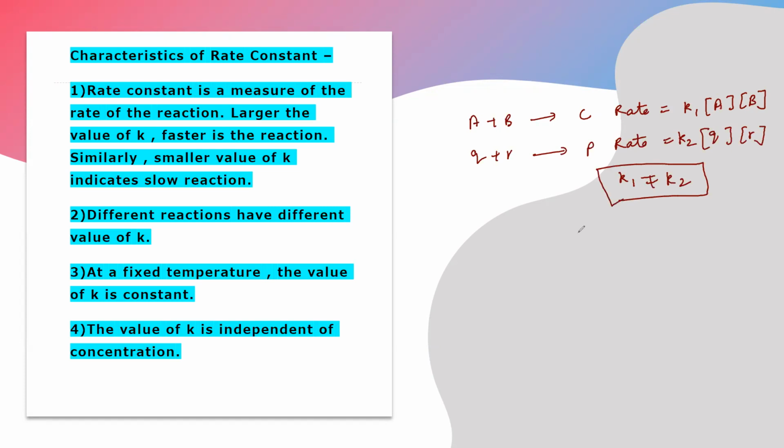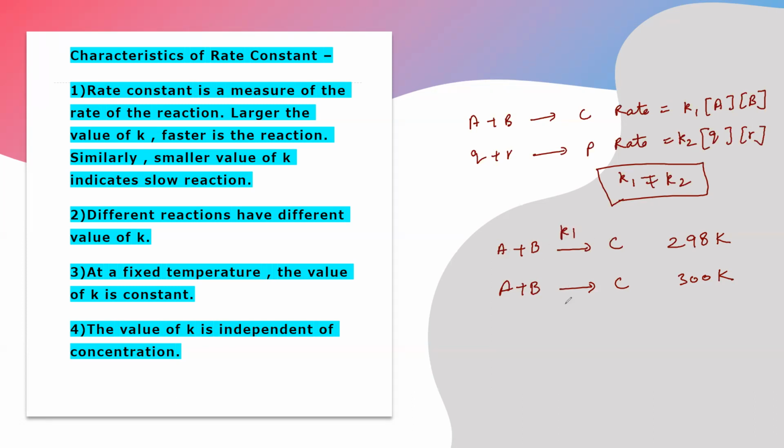For different reactions, the value of K is different. So at a fixed temperature, the value of K is constant. Now what does it mean? Suppose you have again this reaction A plus B giving rise to C at, let it be 298 Kelvin, and the same reaction A plus B giving rise to C at 300 Kelvin. So you have two different temperatures and the value of K will be different at different temperatures.